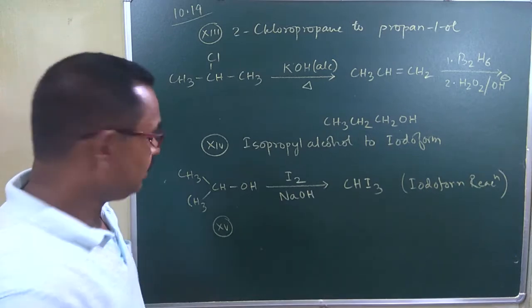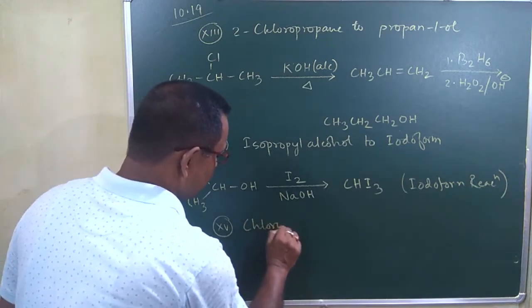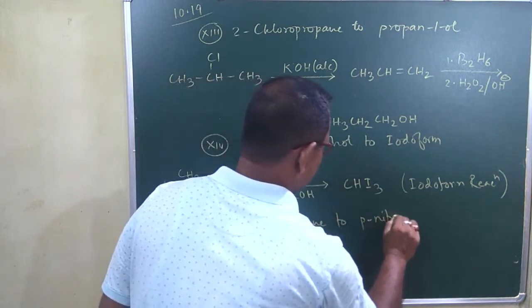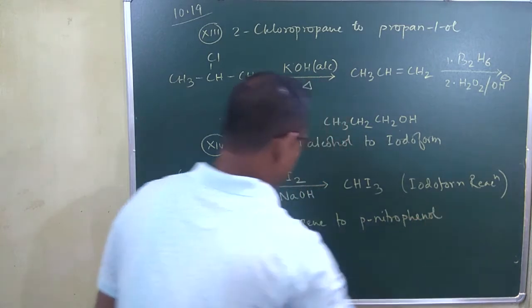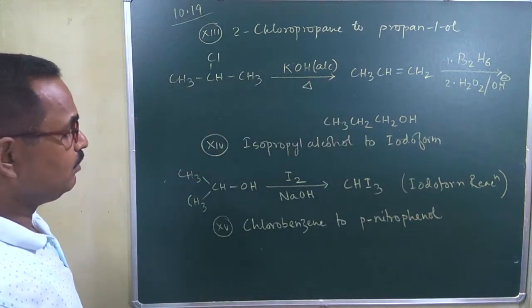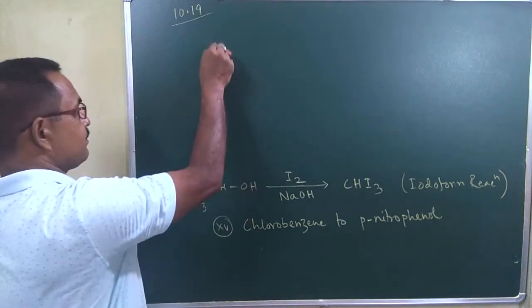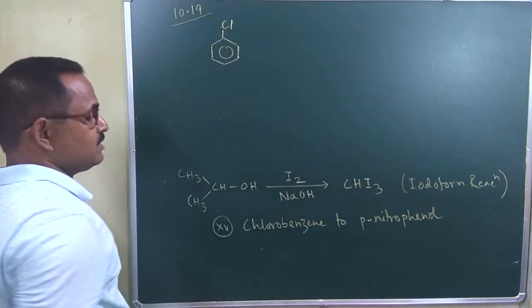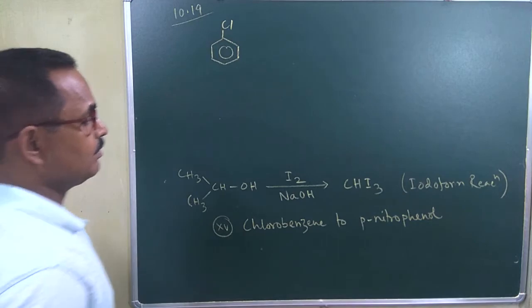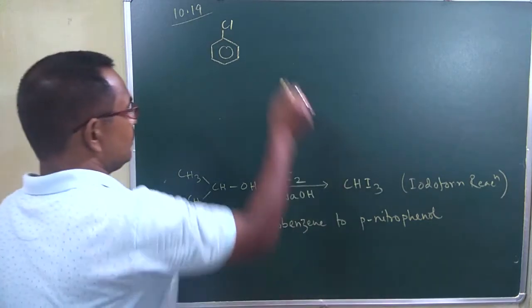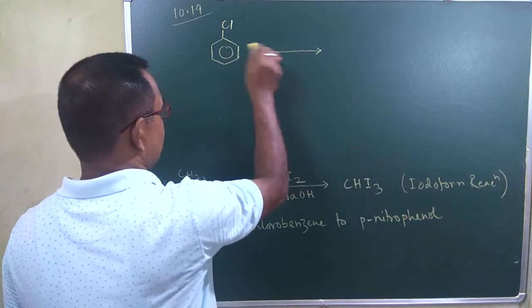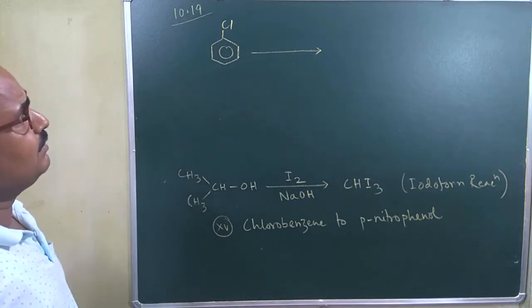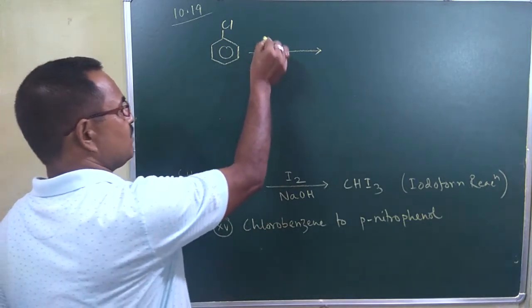Chlorobenzene to p-nitrophenol. See, this is chlorobenzene. This is an aryl halide. Aryl halide may sometimes undergo nucleophilic substitution under very specific conditions.